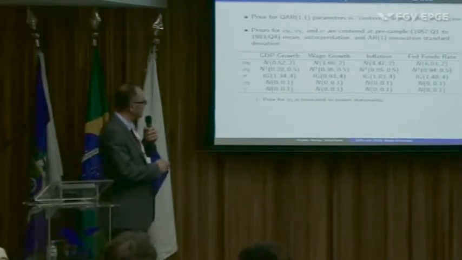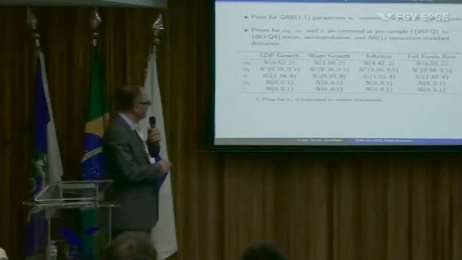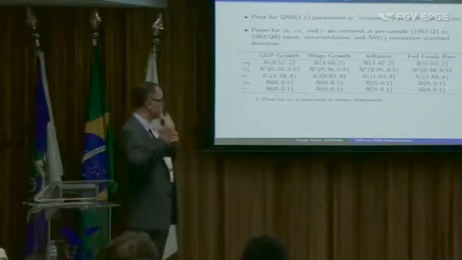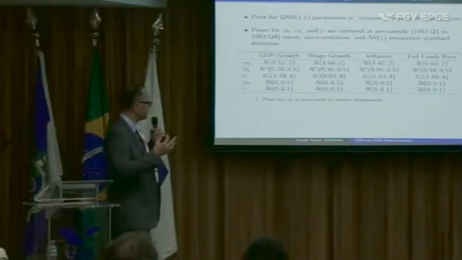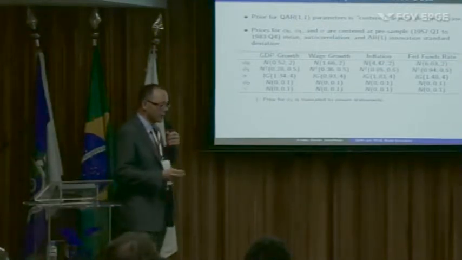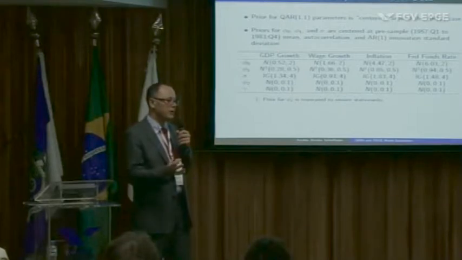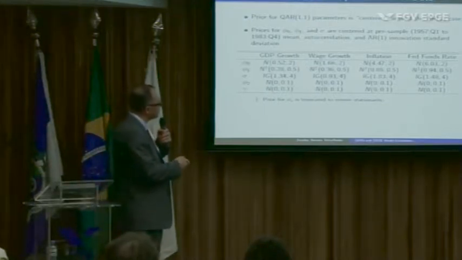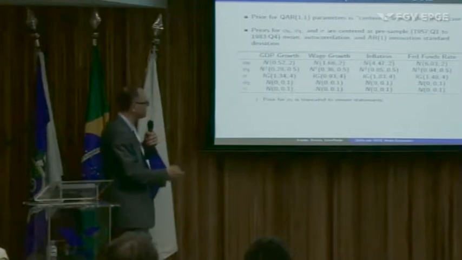And then we have these parameters that capture the nonlinearities. Phi 2 captures the lagged term, think of it as y t minus 1 squared, and gamma captures the interaction between y t minus 1 and u t. So these are quadratic dynamics and conditional heteroscedasticity, and they are all centered at 0.